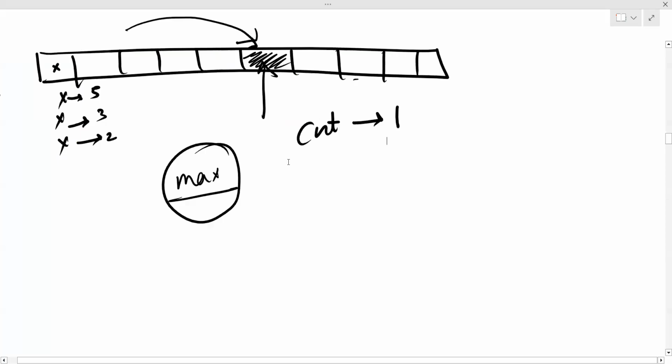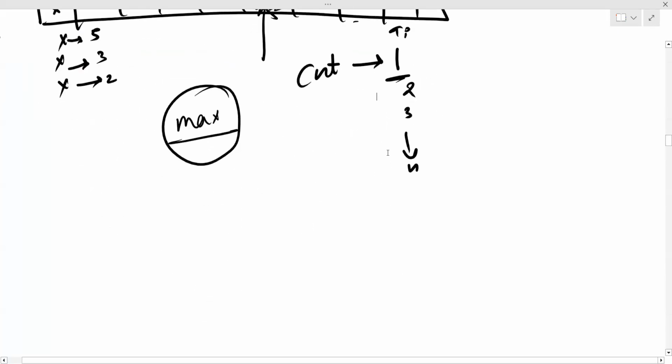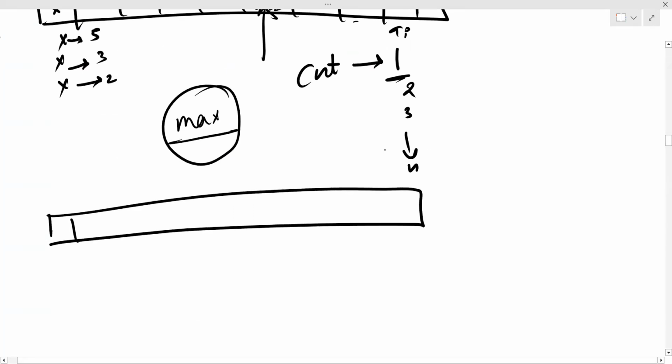Now, count the frogs that have a_i values 1, 2, 3, all the way till n. We can easily make an array of length n, right? Because n is up to 2 times 10 to the power 5.